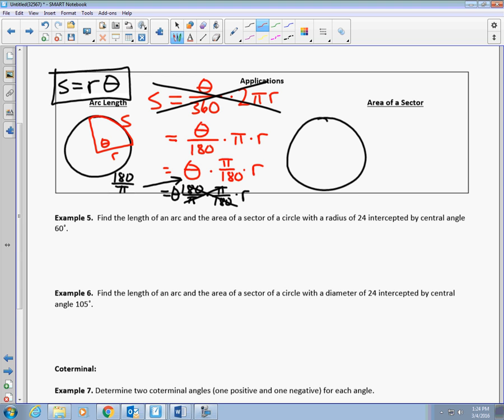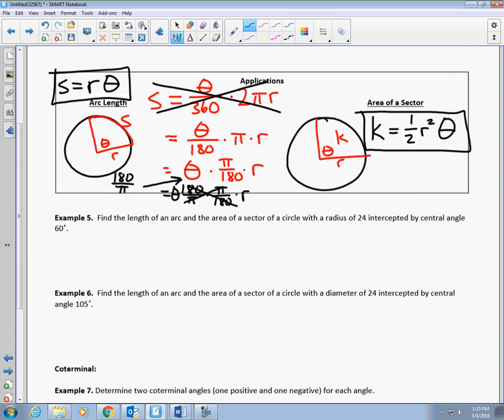If you're wondering about area of a sector, it's very similar. We call area of a sector K. K is equal to, we could do this similar type of substitution from degrees to radians, and you get this formula, 1/2 r squared theta. And these are much simpler formulas to use.